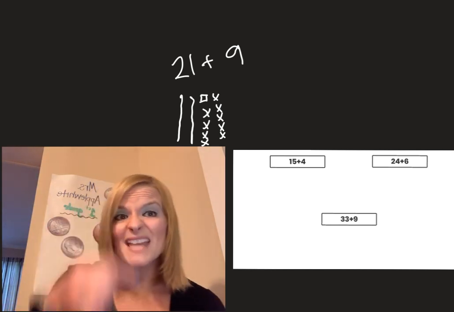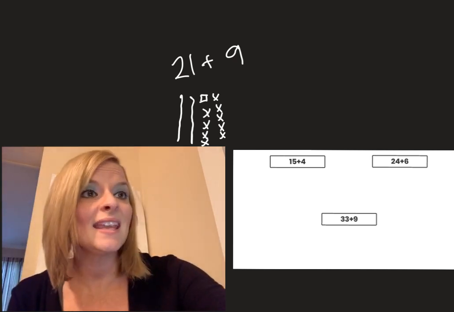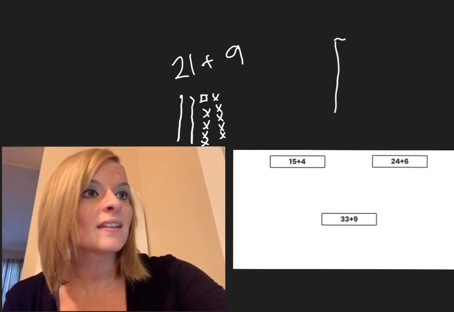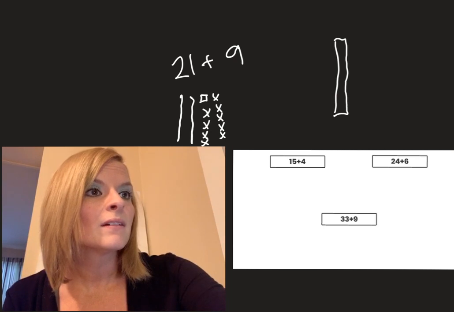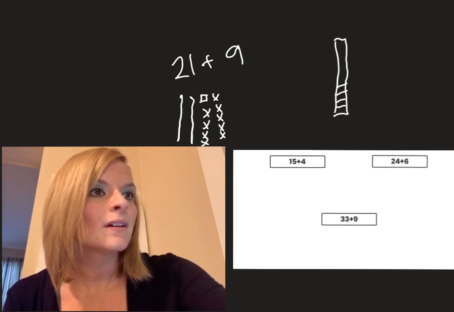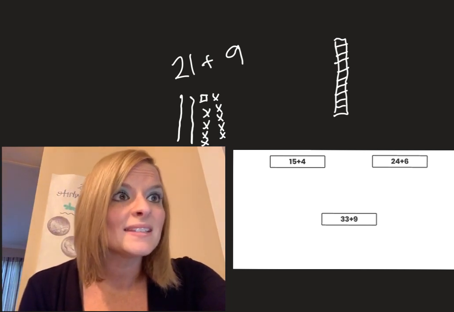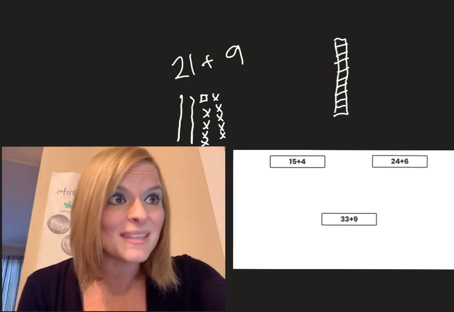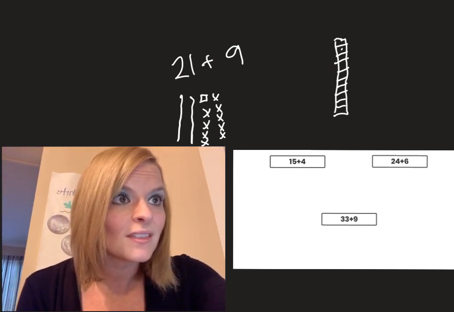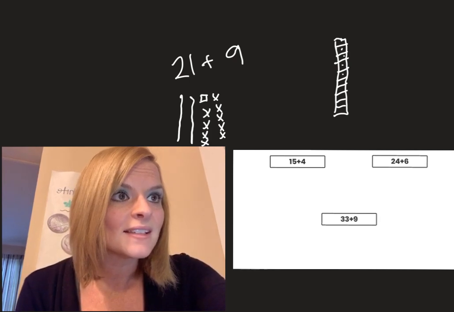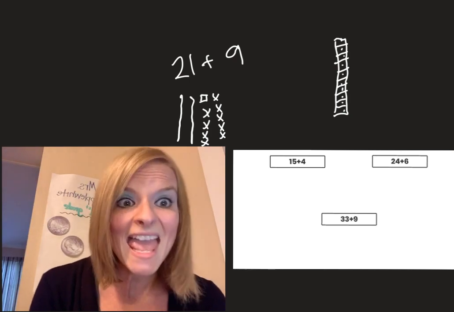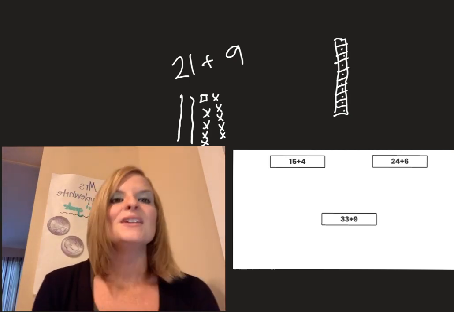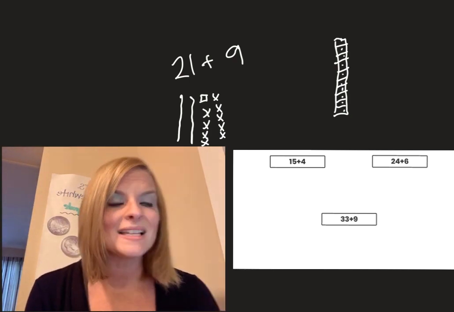Yes, when we have our 10 rod, we can see that if it looks like this, so let's see how many is in it. How many ones make up this 10? 1, 2, 3, 4, 5, 6, 7, 8, 9, 10. 10. Oh, so 10 ones equal a 10.